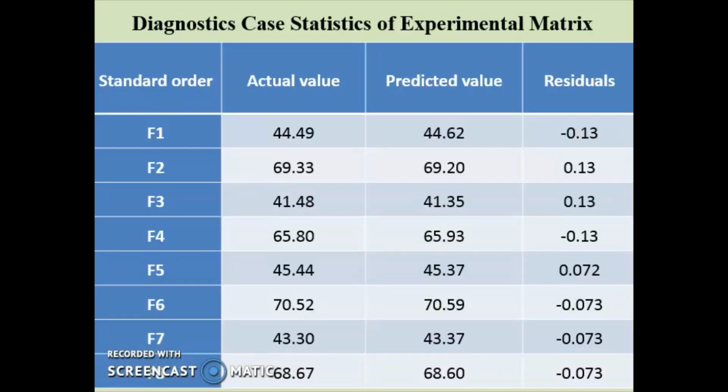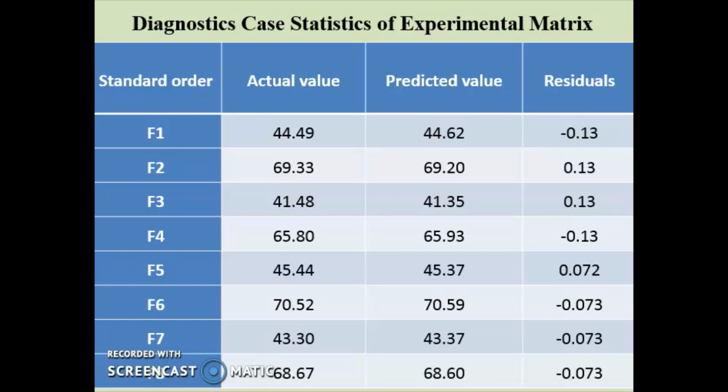Now after this, the diagnostic case statistics of the experimental matrix is again obtained in the Design Expert software. In this diagnostic case statistics of the experimental matrix, the actual value and the predicted value were compared, and the batches with less residual value are to be considered better.